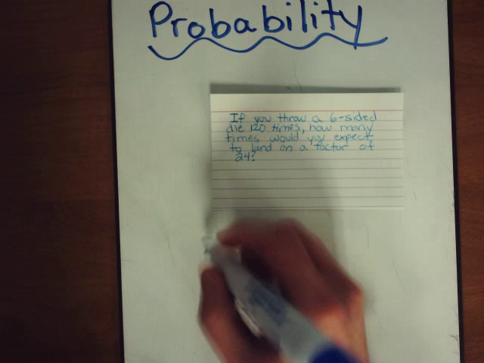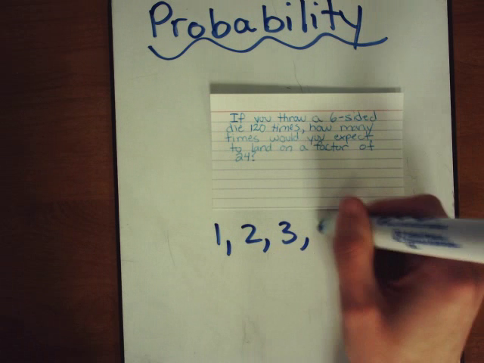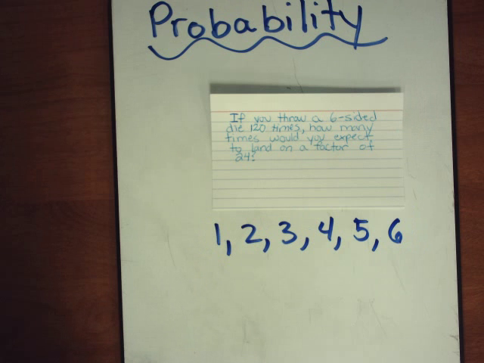So we've got a six-sided die, and we've got the numbers 1, 2, 3, 4, 5, and 6, right? Go ahead and write the ones on your whiteboard that are factors of 24, ones that we can multiply to get to 24.